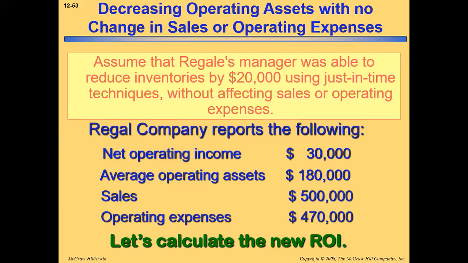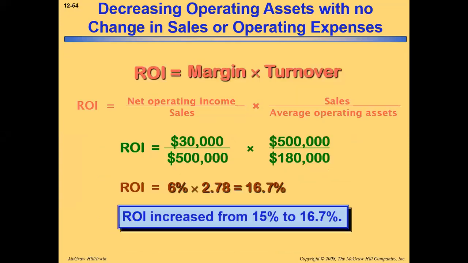As here you can see net operating income decreases, and also the average operating asset decreases. So that's why your ROI also decreases.